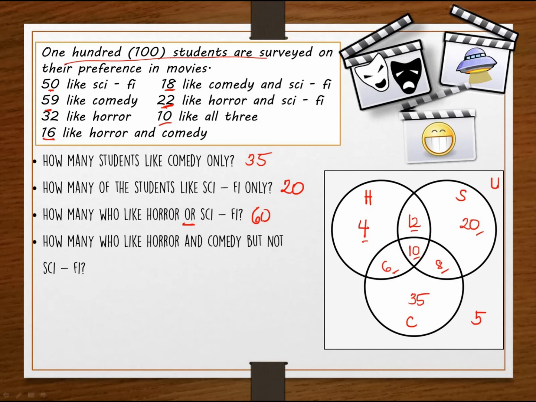Next, how many like horror and comedy but not sci-fi? Meaning they both like horror and comedy, but they do not like sci-fi. It shows this region. Therefore, that will be 6 students.